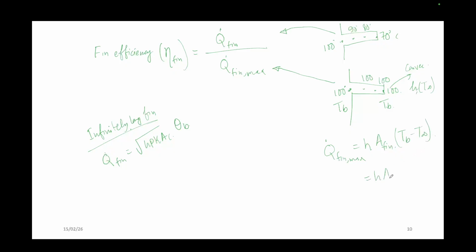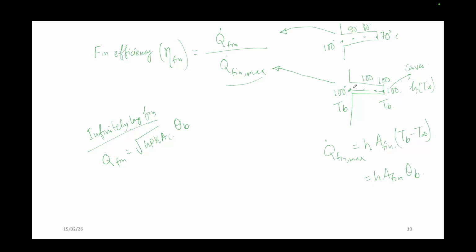That means h A fin into theta b. Is it clear? So what is Q fin max? Q fin max means across all the points throughout this fin, the temperature is the same as that of the base temperature. Please remember this.